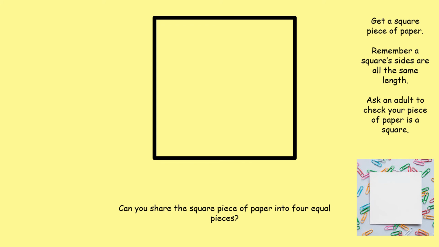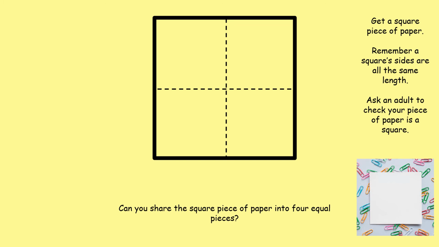Okay, guys, so let's have a look. How could I cut my piece of paper or fold it so that I get 4 equal pieces? How do I get quarters? So here, if I fold my piece of paper down here, at the moment I've got 2 parts of a whole, so they are halves. But if I fold my paper again along here, how many parts have I got now?